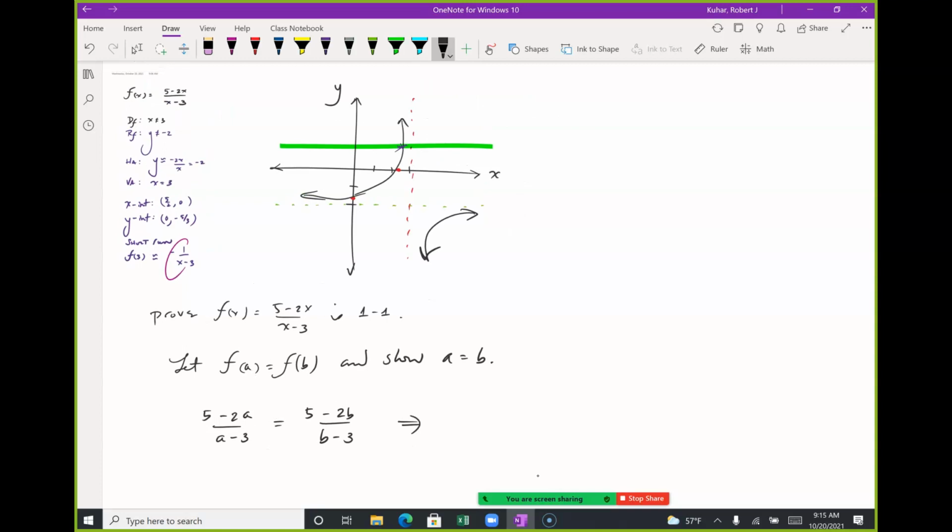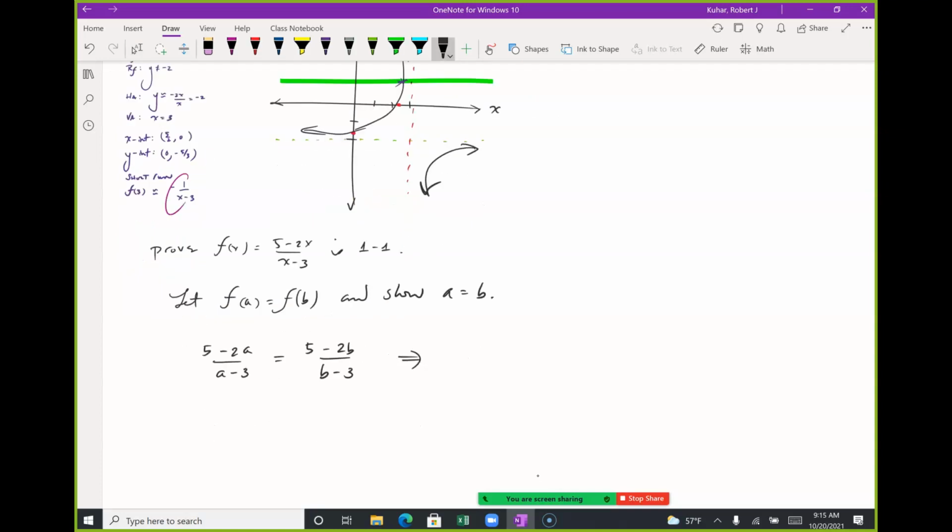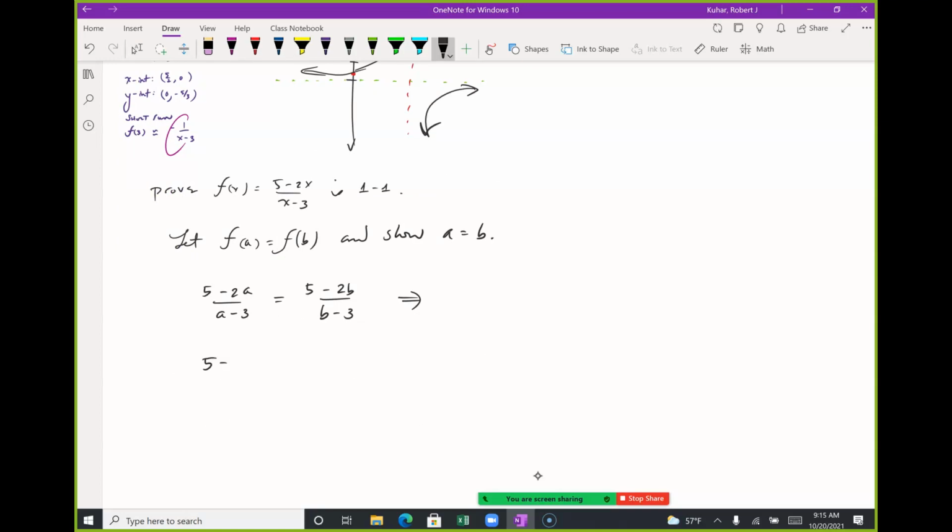I'd like to get rid of the fractions, so I cross multiply, right? Everybody with me? So I get 5 minus 2a times b minus 3 should equal 5 minus 2b times a minus 3.